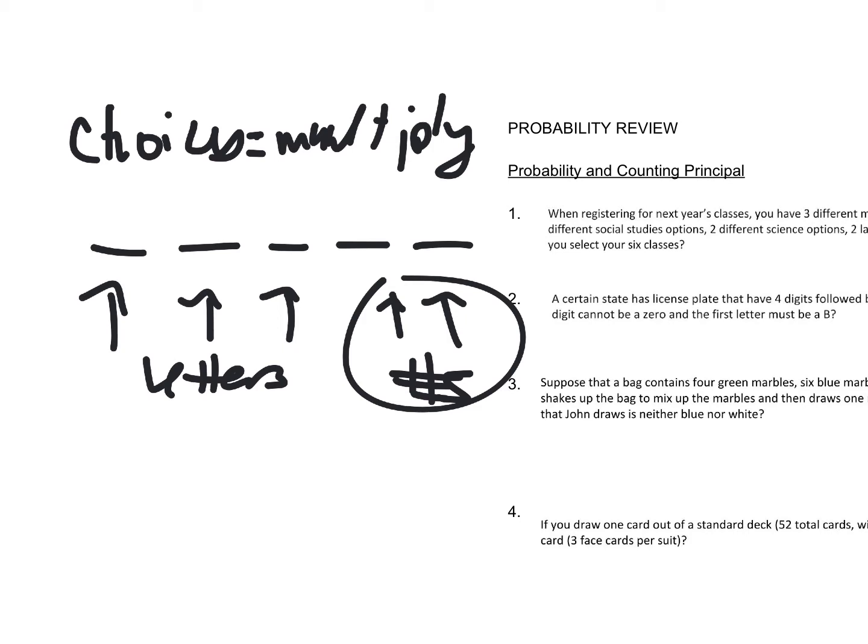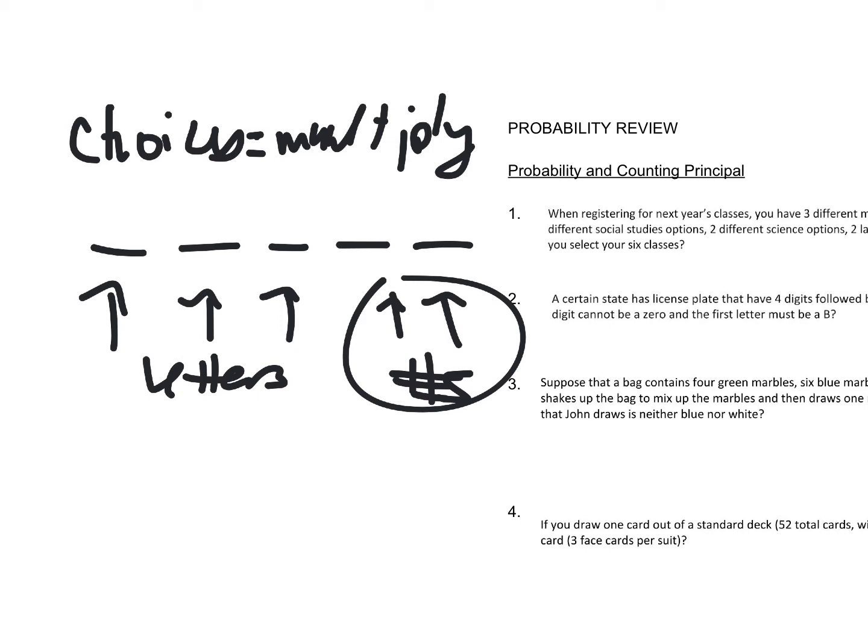And how many choices do you have for all the letter spots? How many choices of letter are there? If you're going to put a letter on a license plate, how many choices are there? Yes? 10. 10 is the numbers. You think of the numbers. Letters. How many letters? Thank you for trying. Yes? 26. There we go.